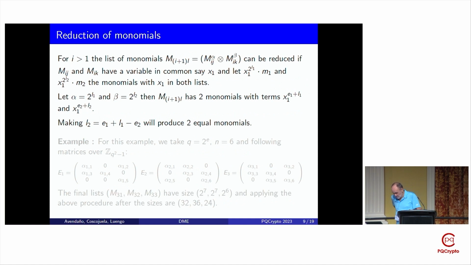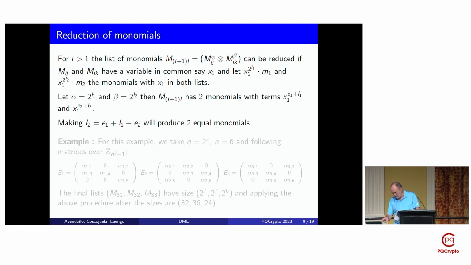But as I said, the main point is the reduction of monomials. There is an algorithm, a procedure to reduce the monomials, and this can be done if you have two exponents in a row. If you have only one, there is no need; there will be the same number of monomials.